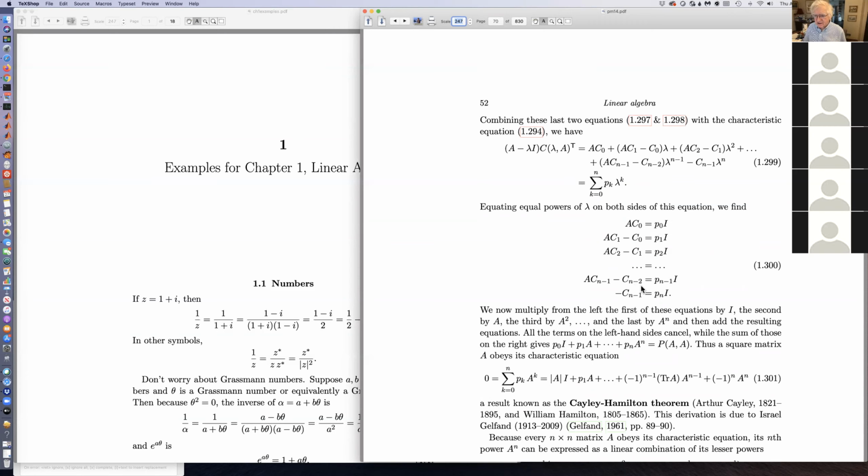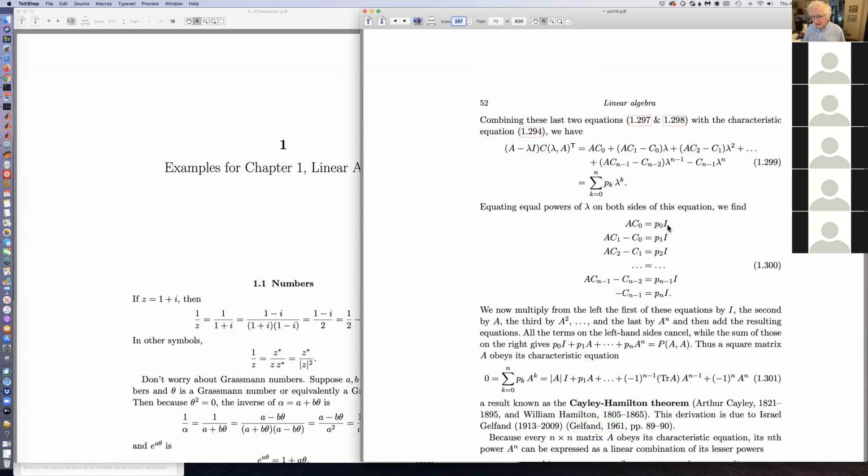And the right-hand sides, you've constructed the characteristic polynomial on the right-hand side. So this is just the statement that the characteristic polynomial with lambda replaced by the matrix is a matrix equation that gives 0. And the various terms look like this.